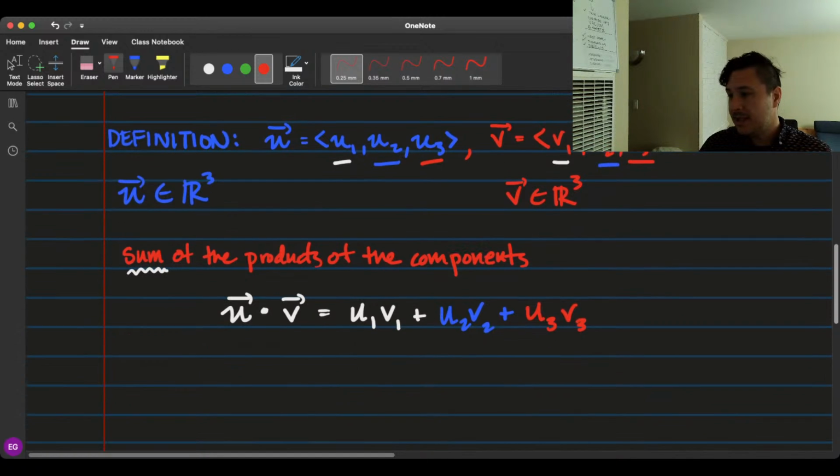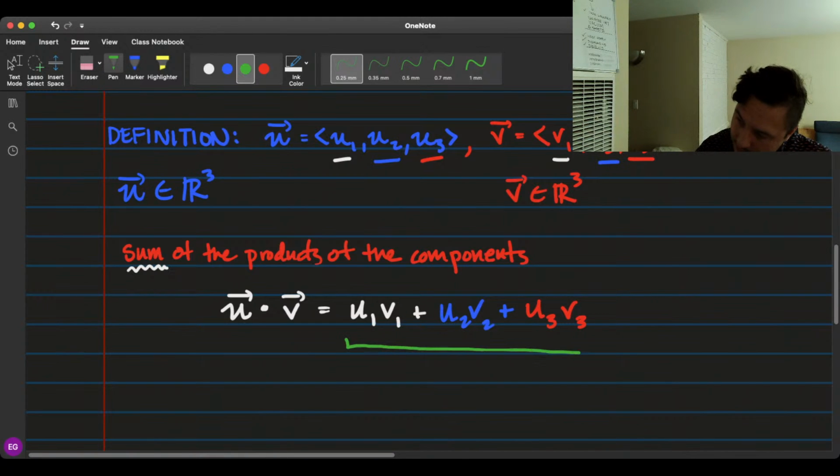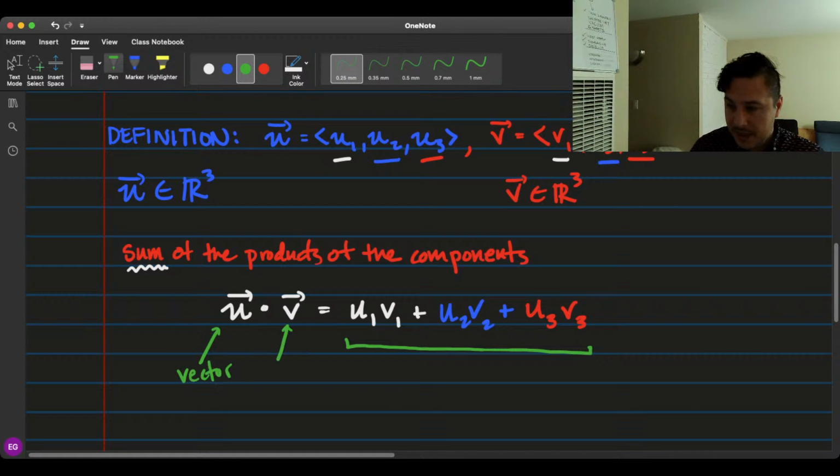So there's some interesting stuff going on here. This is called component-wise multiplication, because you multiply the components and then you add them. Now, what do you end up with at the end? What is all of this? Like, u was a vector, v was a vector.